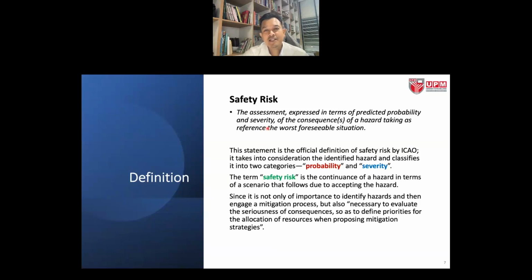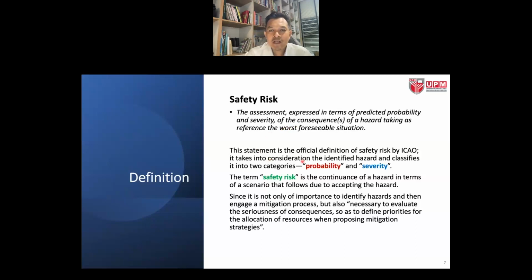It is the assessment expressed in terms of predicted probability and severity. So normally for risk we will be using this terminology of probability, how probable it is that the item will occur, and the severity, how bad the consequences of a hazard are, taking as reference the worst possible situation.